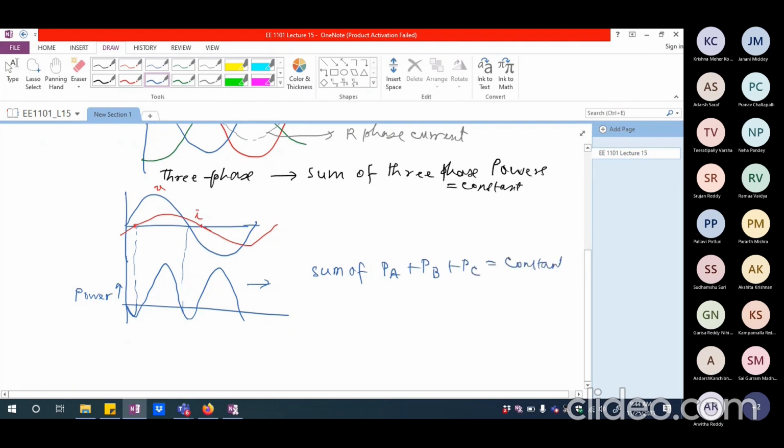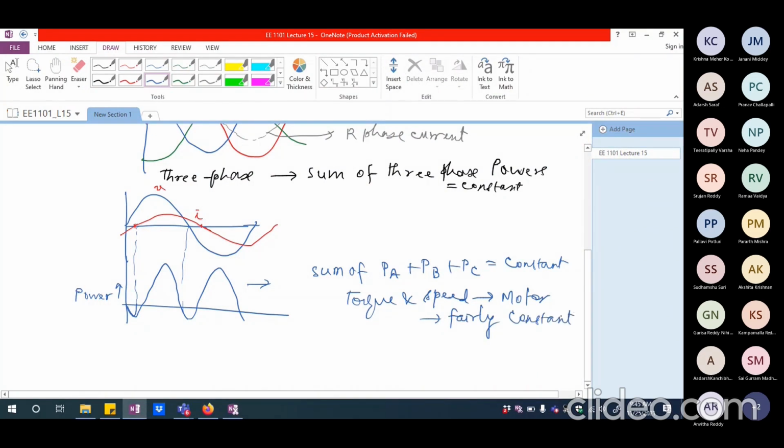If it is a constant, we are not going to have too much vibration because you are not going to have the torque and speed continuously changing quite a bit. So torque and speed in a motor, especially if we are talking about a motor, we want them to be fairly constant to avoid vibration.